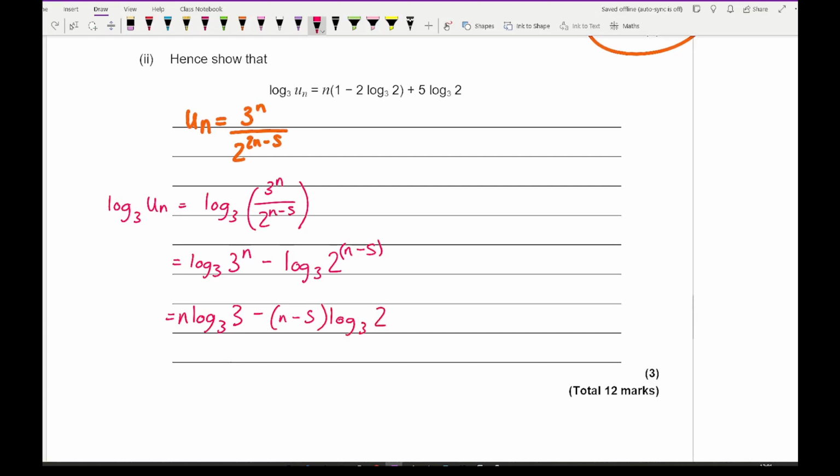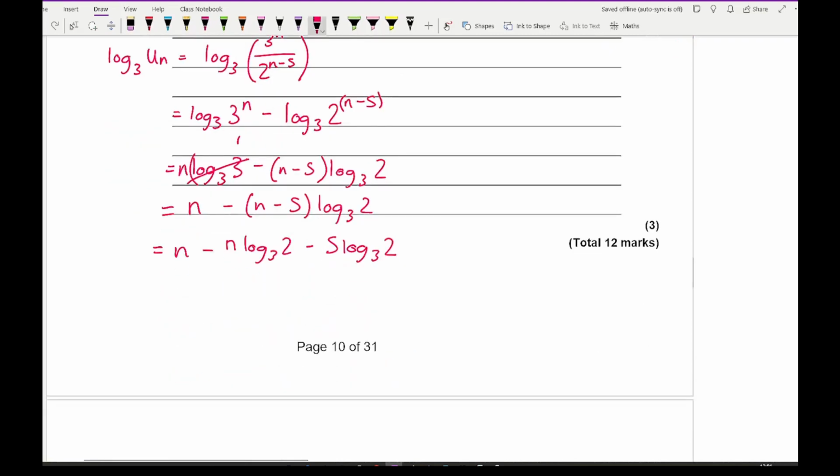Now log 3 to the base 3 is just 1. So that becomes n minus (2n minus 5) log 3 2. Then expanding the brackets, I get n minus 2n log 3 2 plus 5 log 3 2.